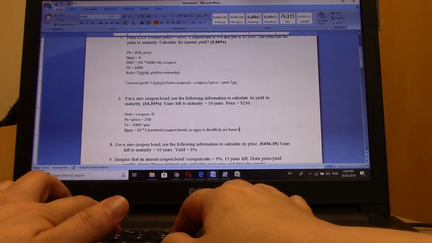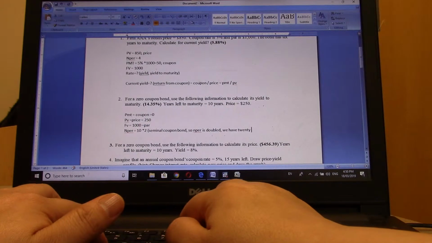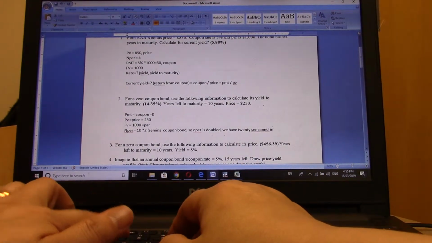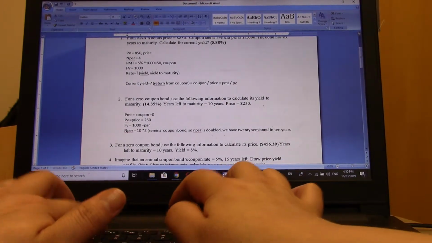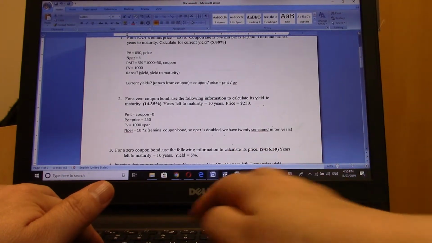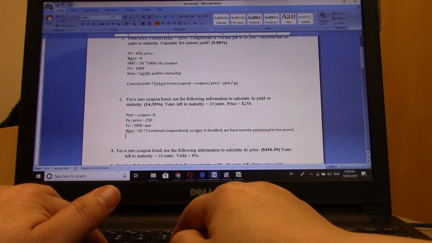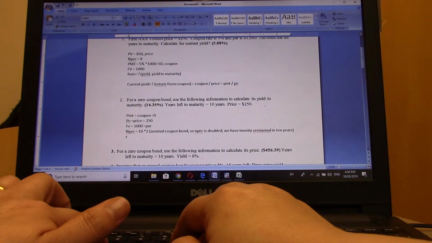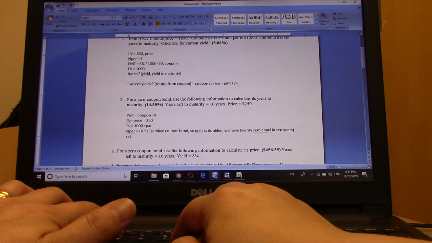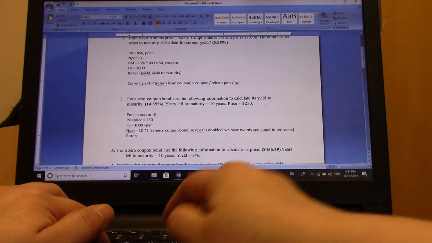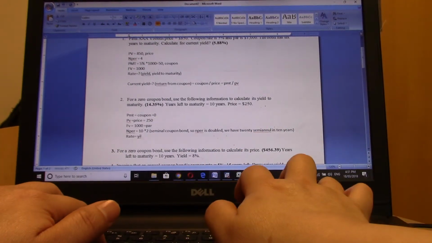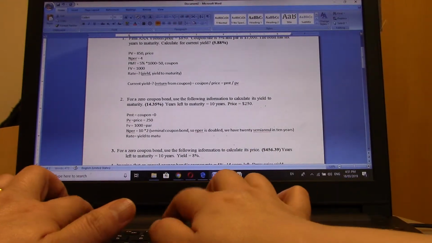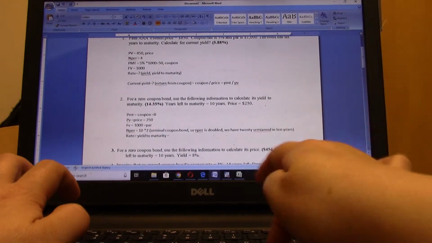We have 20 semi-annual periods in 10 years. That's why. So this is N. And also, what we should find is the rate. In a bond it's called yield to maturity. So this is the question.